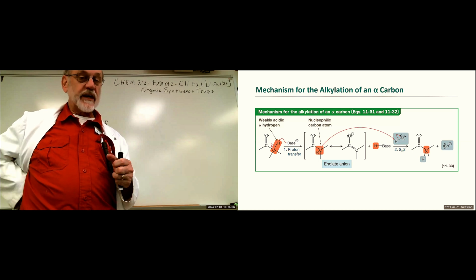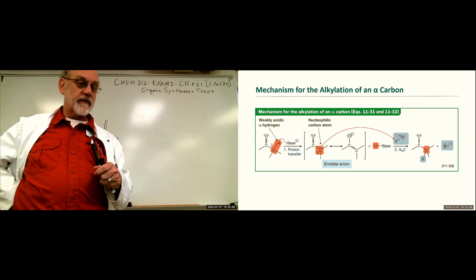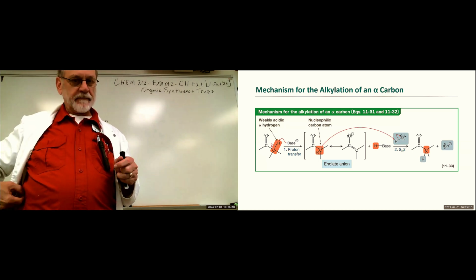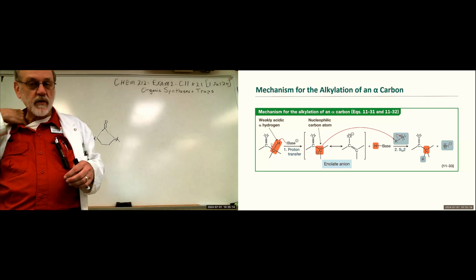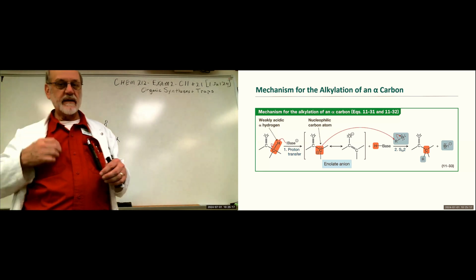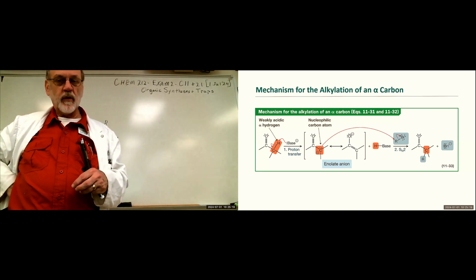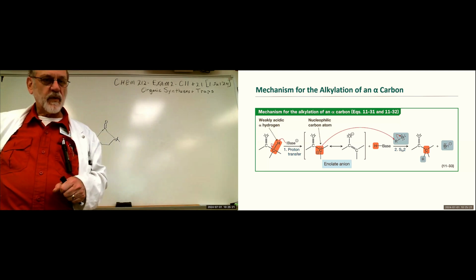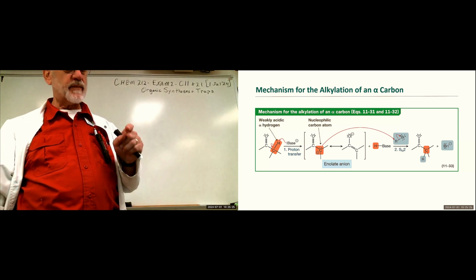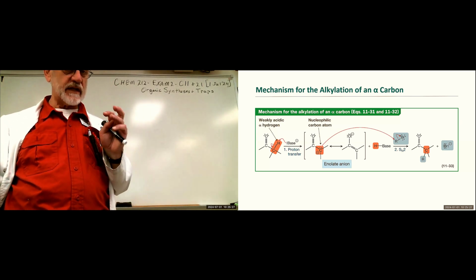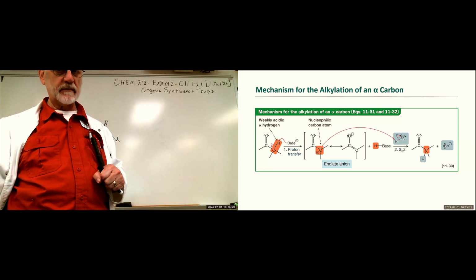So the reaction still takes place with the alpha carbon off the ketone. Now it attacks the alkyl group, the bromide is the leaving group, and we form that bond. But we have to have the base in there. It has to be a very strong base to deprotonate that alpha carbon.